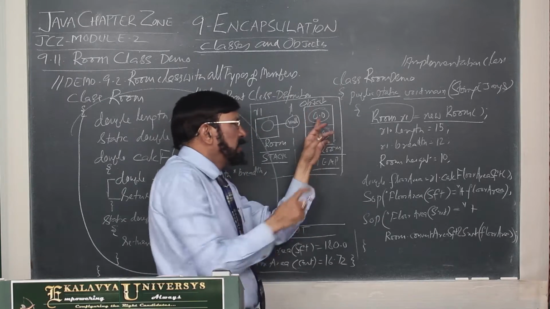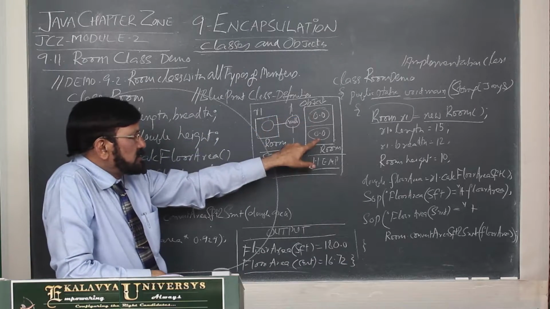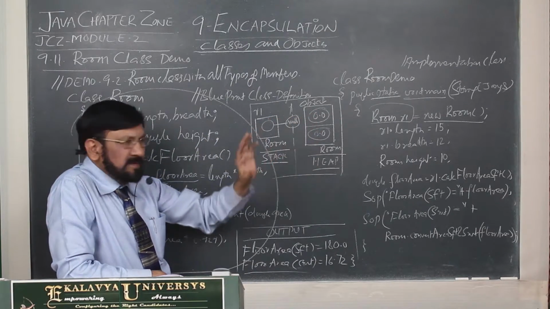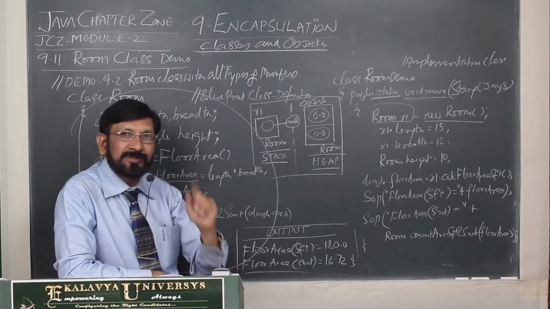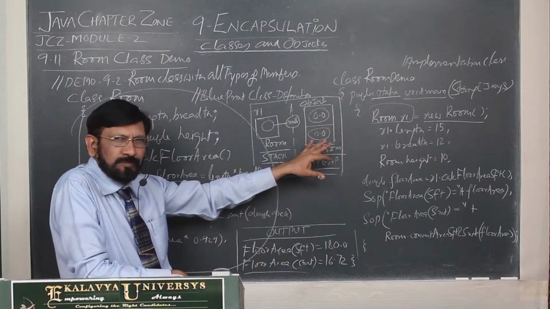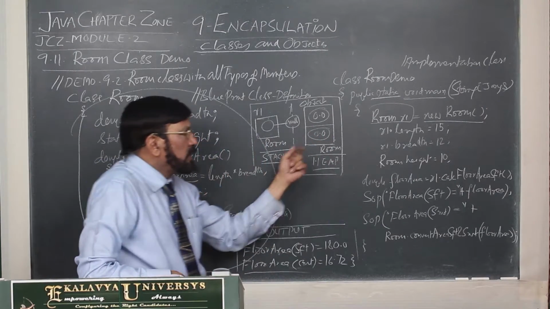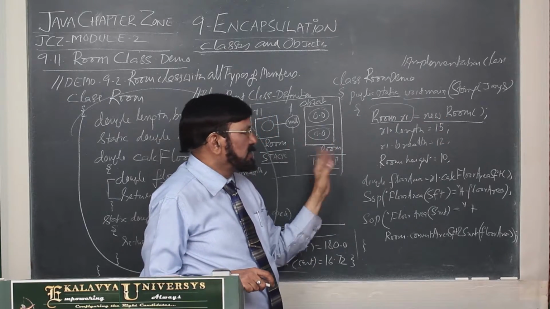What is the type? Double. So this is 8 bytes, this is 8 bytes. Totally 16 bytes of memory is allocated on heap for each and every object. That you have to understand. You must quantify that also for your knowledge's sake. So the necessary amount of memory was allocated on heap.